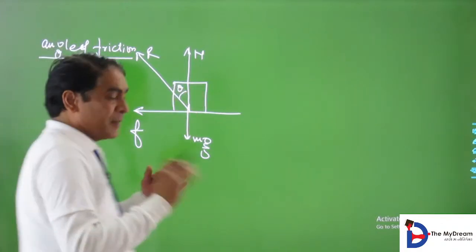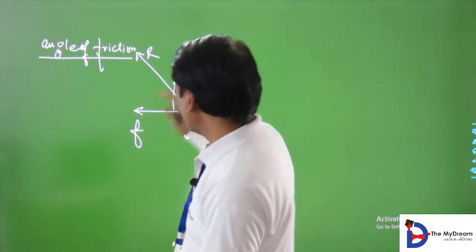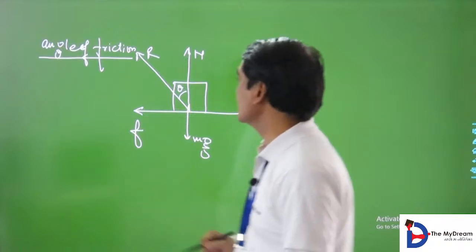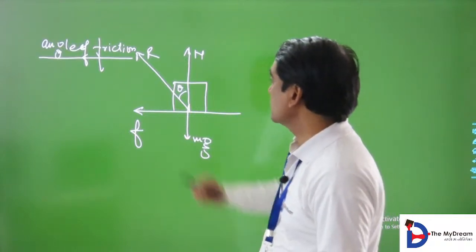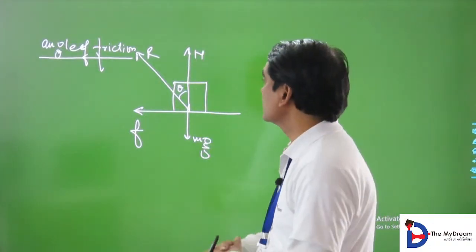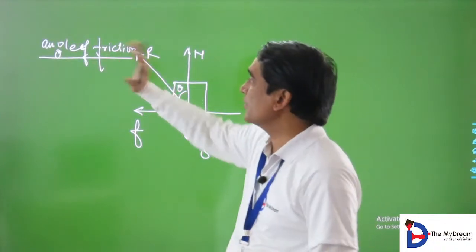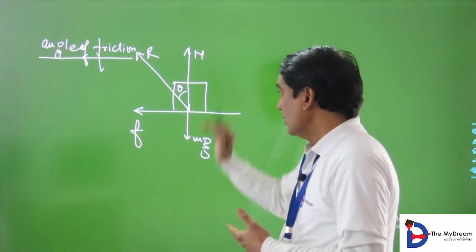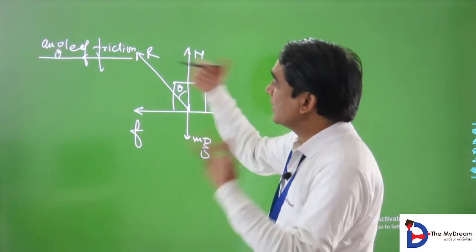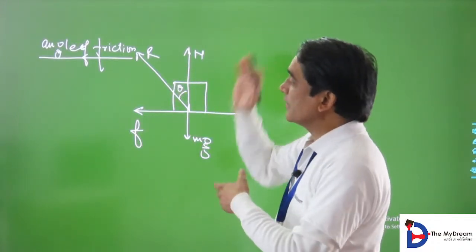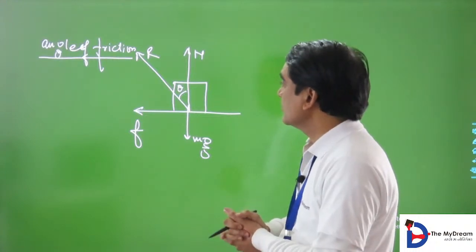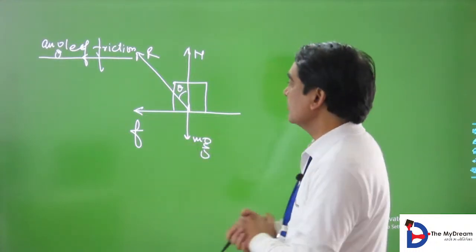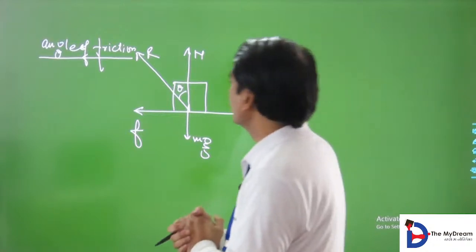The angle between the resulting force and the normal gives the angle of friction. Angle between the resulting force and the normal reaction, that is called the angle of friction.